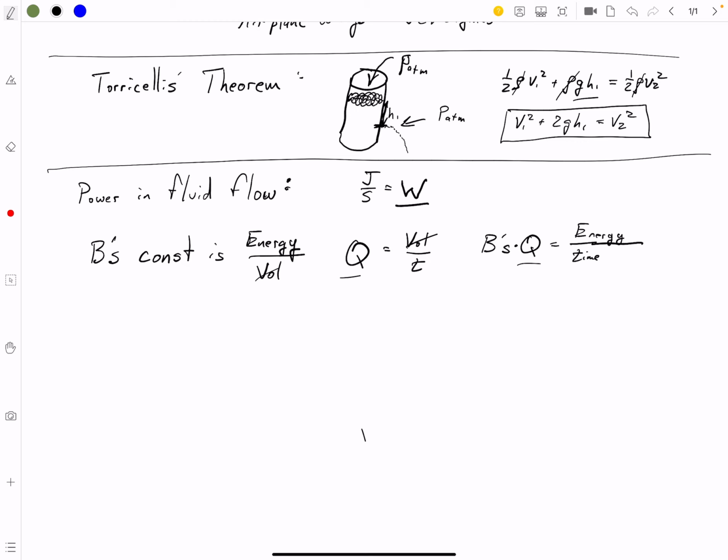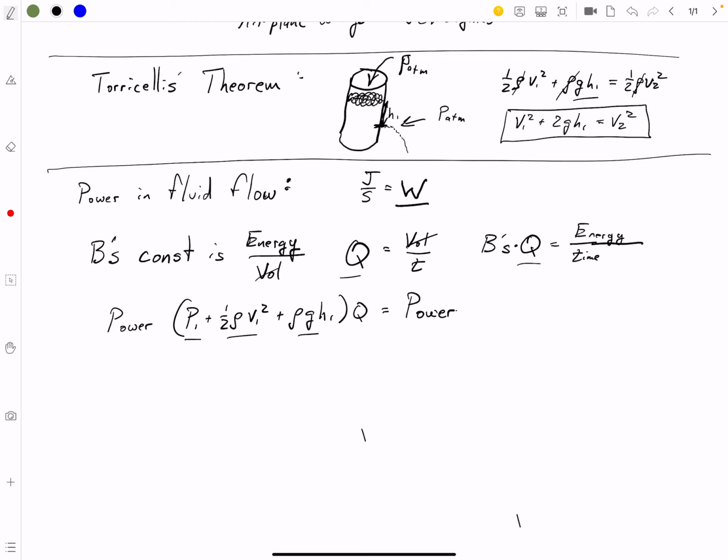So we can get our power for a situation by taking our P1 plus 1/2 rho V1 squared plus rho GH1, and slapping a Q on top of all that. What does that mean? It's the distributive property. Q is going to be multiplied by this, by this, by this. And that's going to equal our power for the situation.